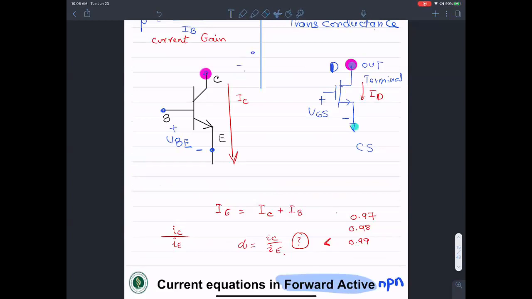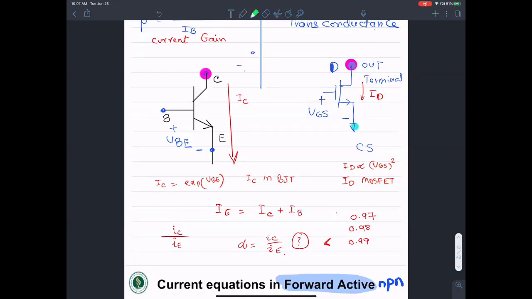So if you think about it, can I draw a parallel between IC in a BJT and ID in a MOSFET? If you remember, ID had a squared dependence on VGS minus V threshold, which is the input. IC here has an exponential dependence on VBE, or the input base voltage.